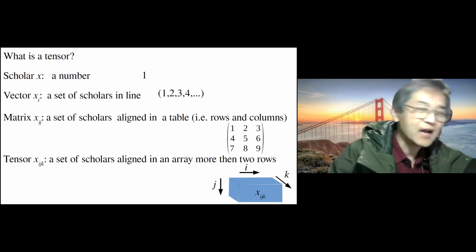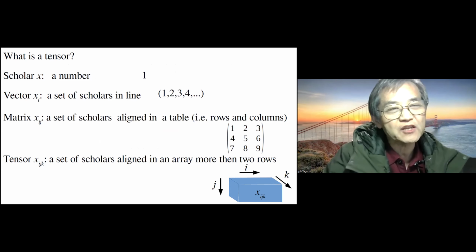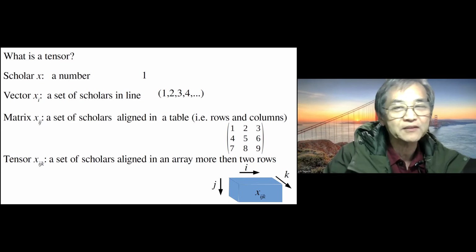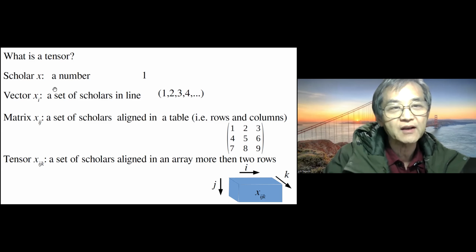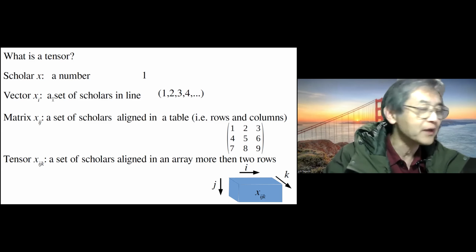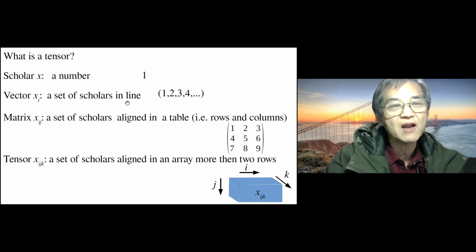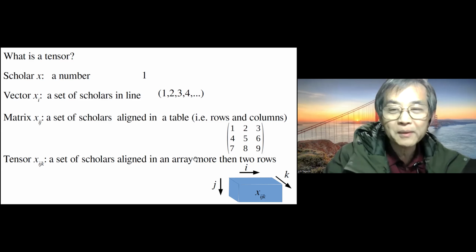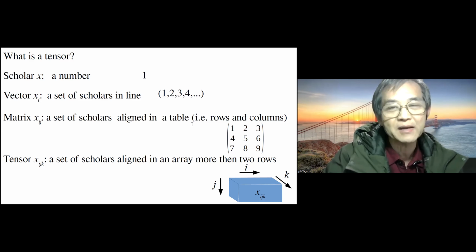I don't think the people here are very familiar with what a tensor is, so I would like to explain it. Just one number is a scalar. If we have a set of scalars in a line, this is a vector. If we have numbers in a table format, this is a matrix.